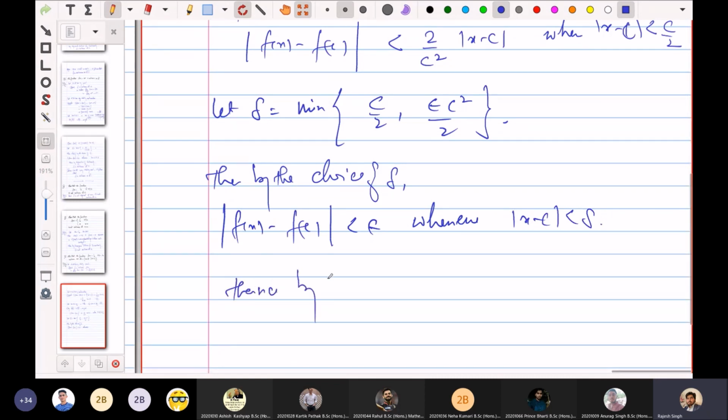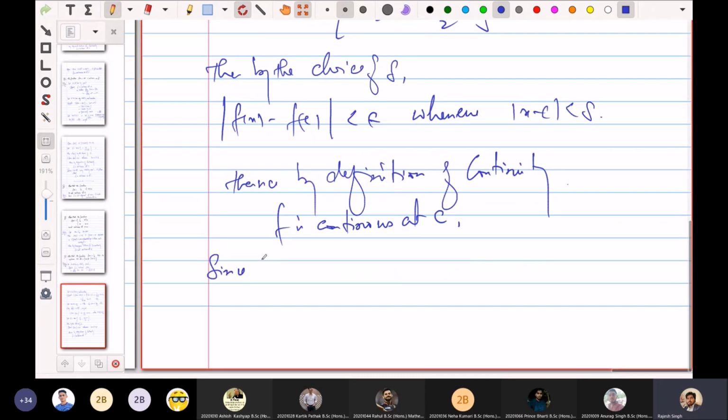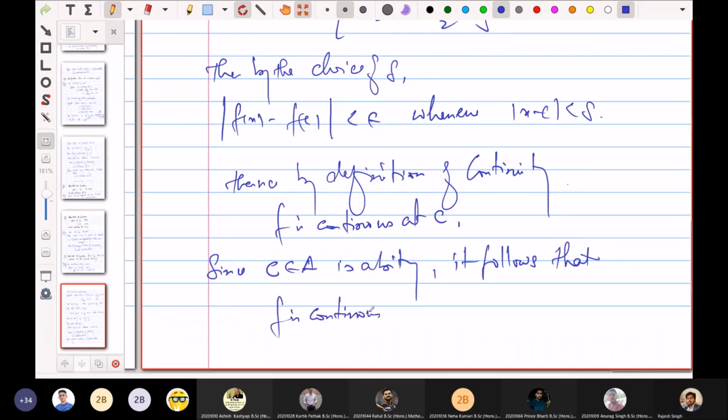Hence, by definition of continuity, f is continuous at c, and since c belonging to A is arbitrary, it follows that f is continuous on A.